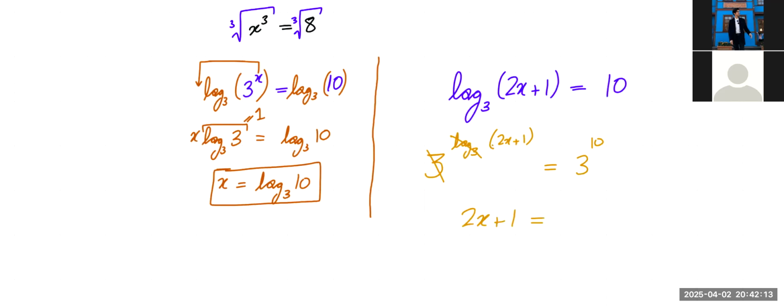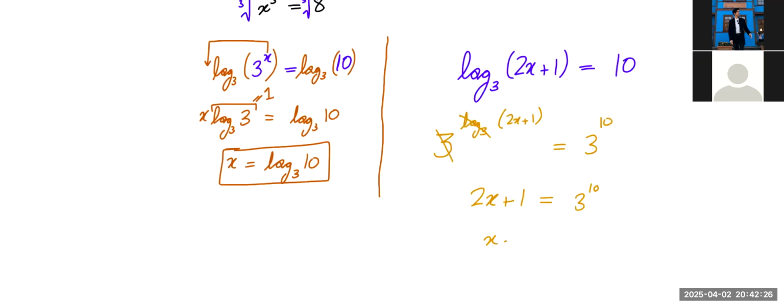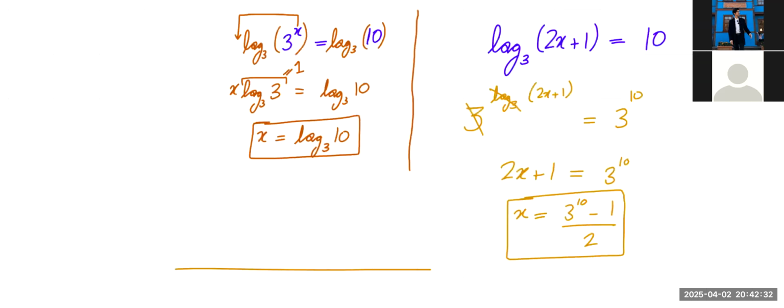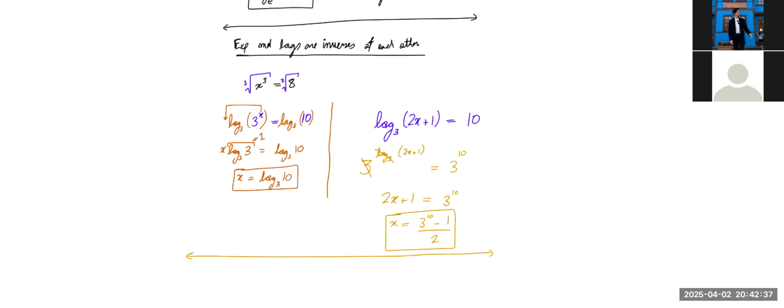So 2x plus 1 equals 3 to the power of 10, which leaves us with x equals 3 to the power of 10 minus 1, all divided by 2. This is your answer. This is why we learn about exponentials and logarithms simultaneously, because they are used to solve equations of each other. And that is basically everything you need to know about logarithms.